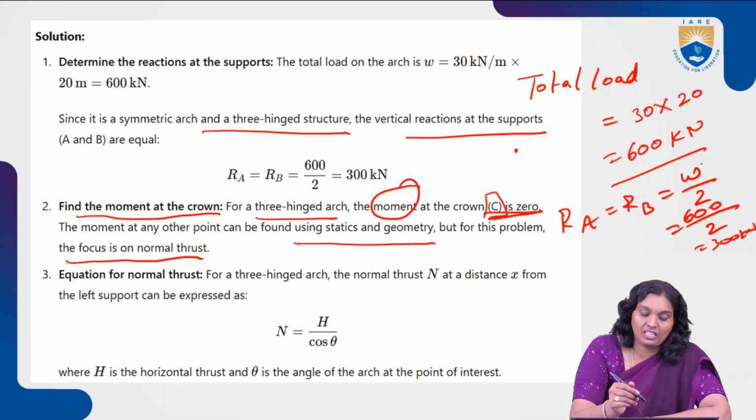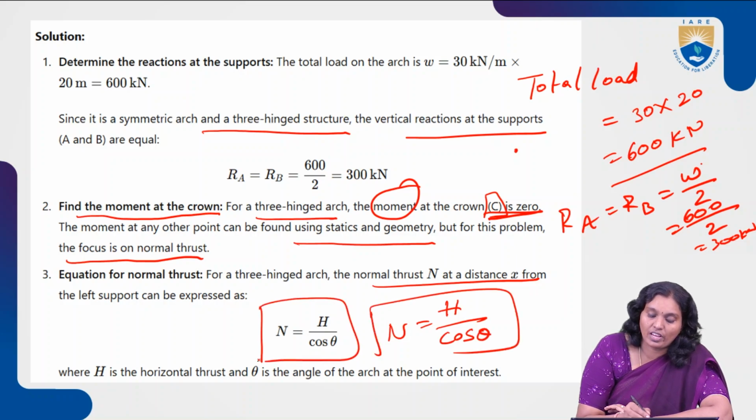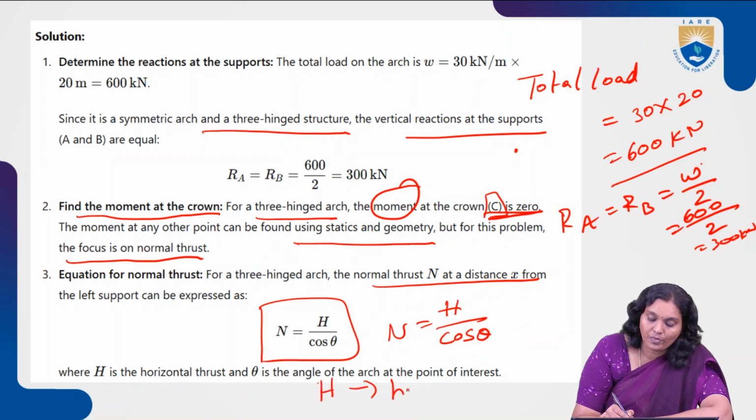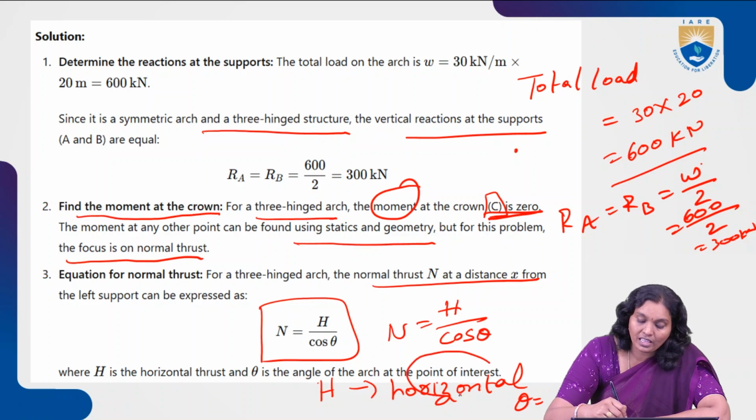So the equation for the normal thrust at a distance x from the left support is equal to H by cos theta. This is the formula we choose. Now we have to find this horizontal thrust. H is the horizontal thrust and theta is the angle of the arch at that particular point of interest.